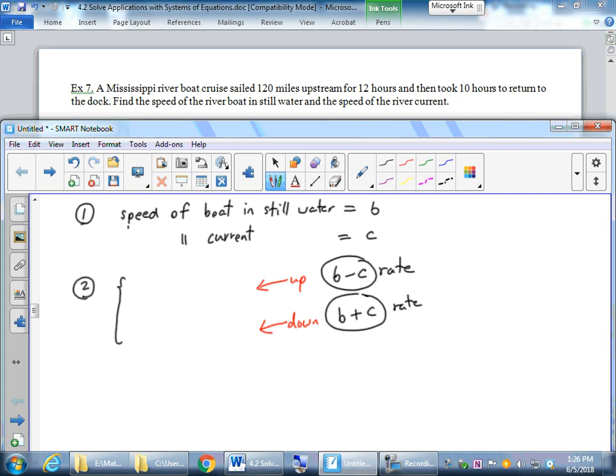Going upstream, the speed will be B minus C, the boat going against the current, times 12 hours to travel 120 miles. Coming back downstream, the speed will be B plus C, the boat helped by the current, times only 10 hours, equal to the same distance. All right, this concept is very important to remember.